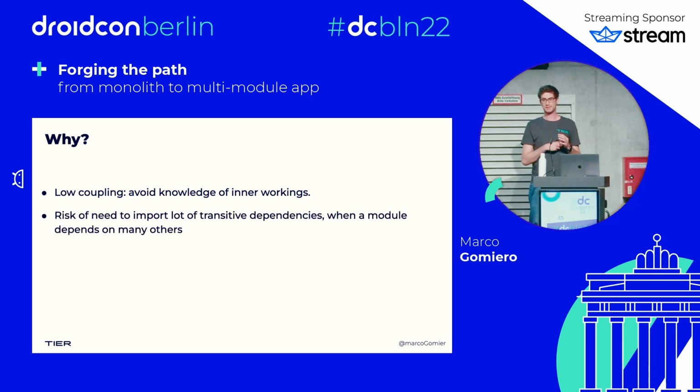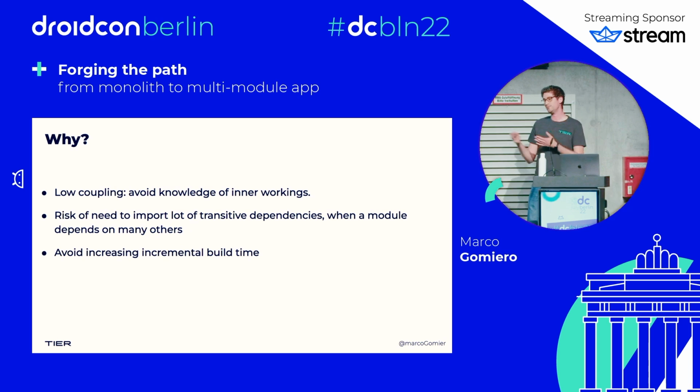The second thing is that by having a contract, you can avoid the risk of having to import a lot of transitive dependencies. So if your module depends on another module, you will have to import those also. So by just using a contract, you can avoid that.